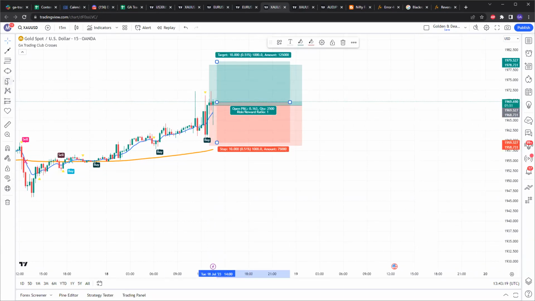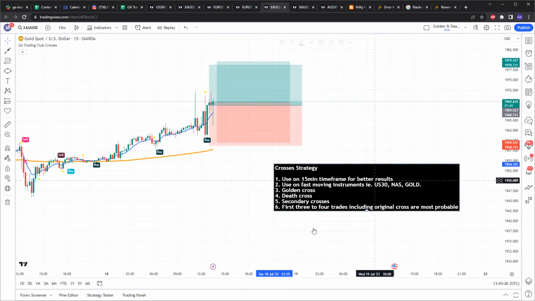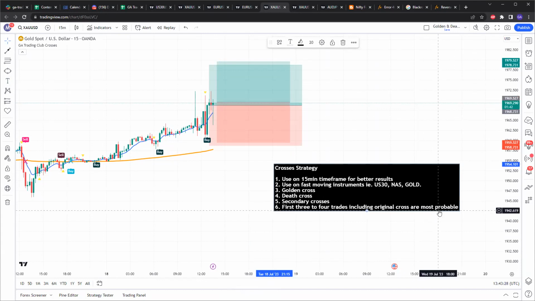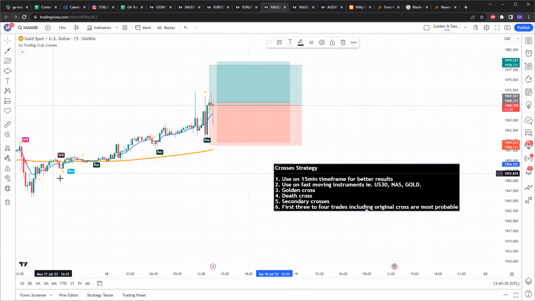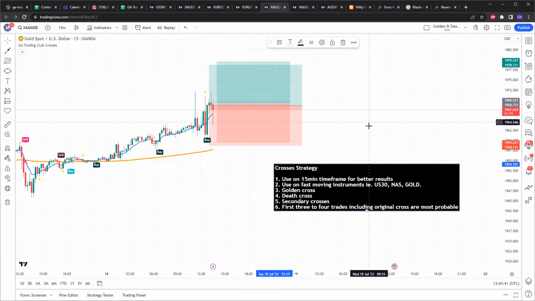Because if I bring up the strategies for the crosses indicator, the first 3 to 4 trades, including the original cross, are most probable. So this first buy, original cross, would have hit full TP. Second buy, full TP. Third buy, full TP. Now this is the fourth buy right here.